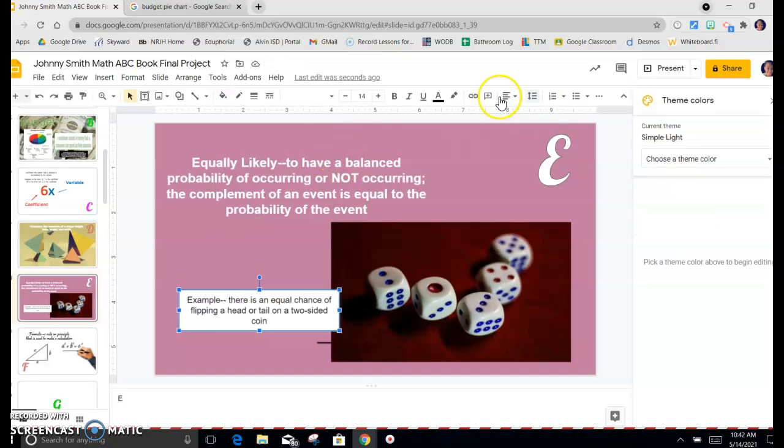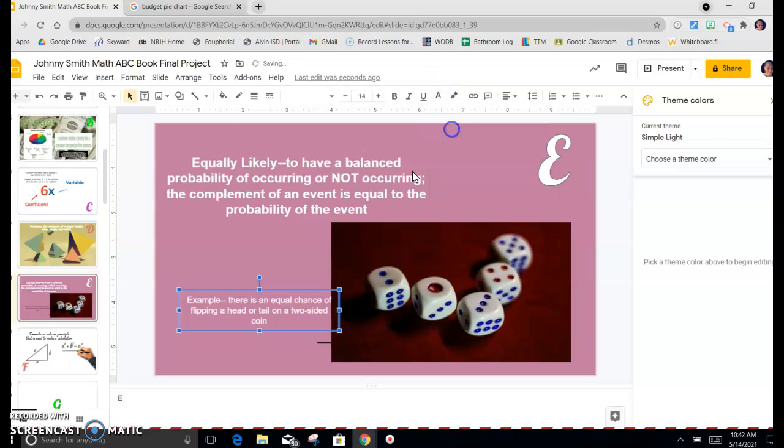Undo. There we go. All right, and then these would be equally likely. It's because it's a 6-sided number cube, and each one has an equal chance of being rolled.